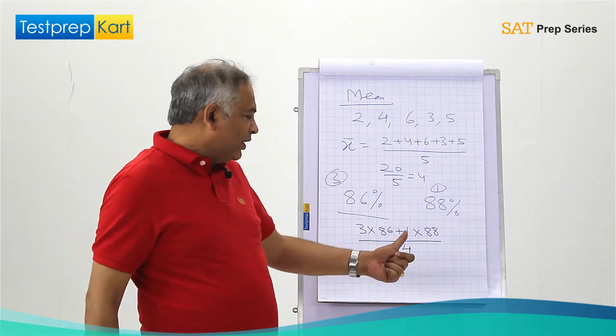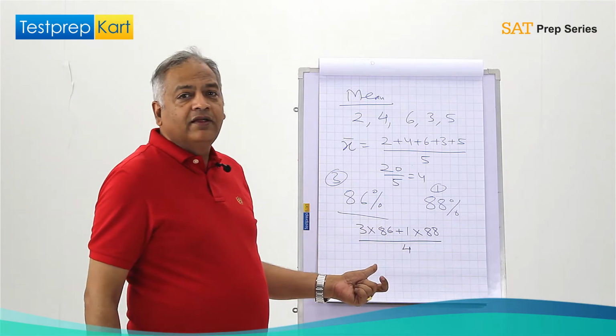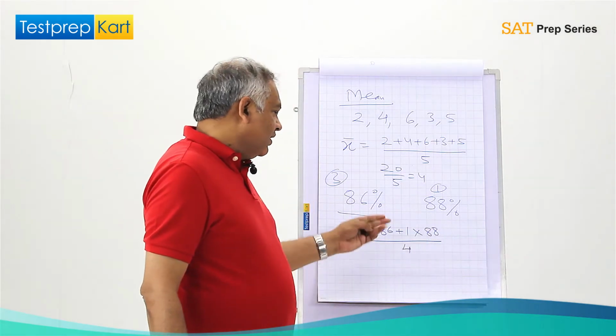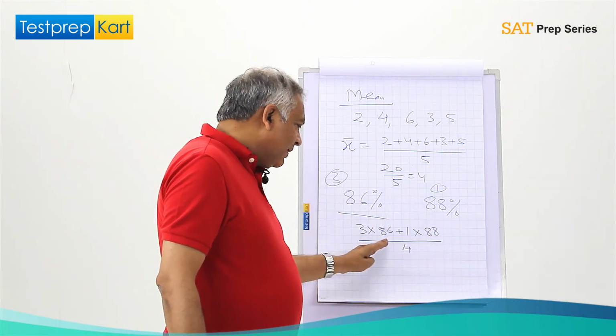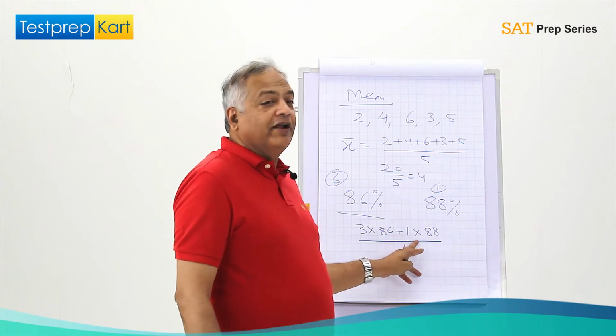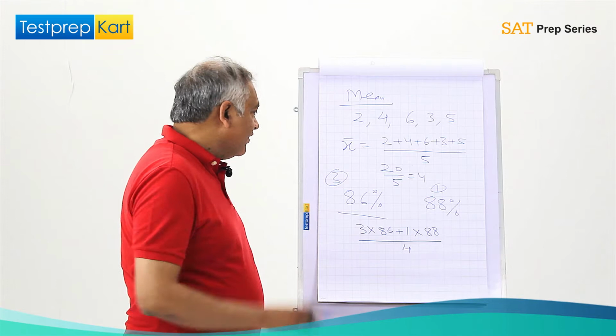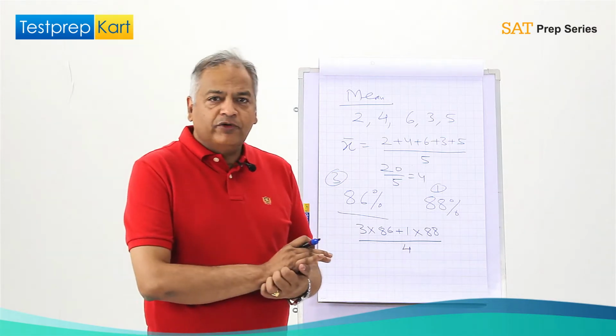If you calculate this, your answer will not be 87%. It will be different because I have multiplied 86 by 3 but 88 by only 1. So that is actually the concept of mean.